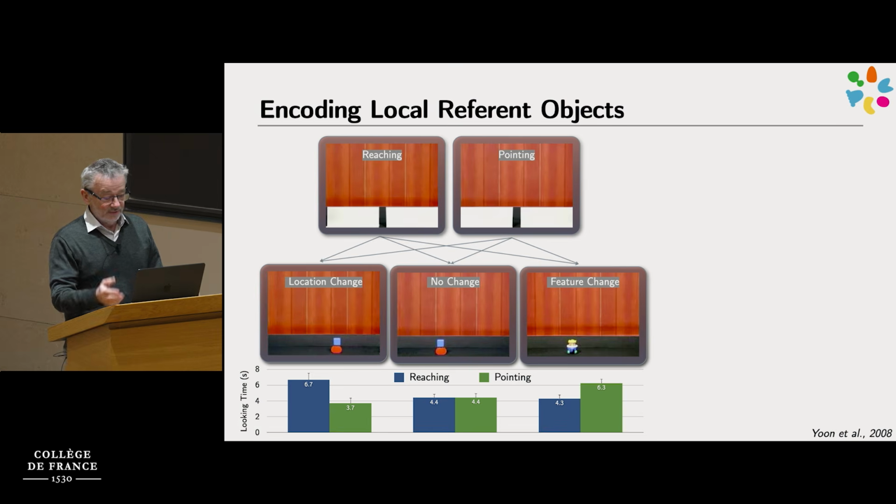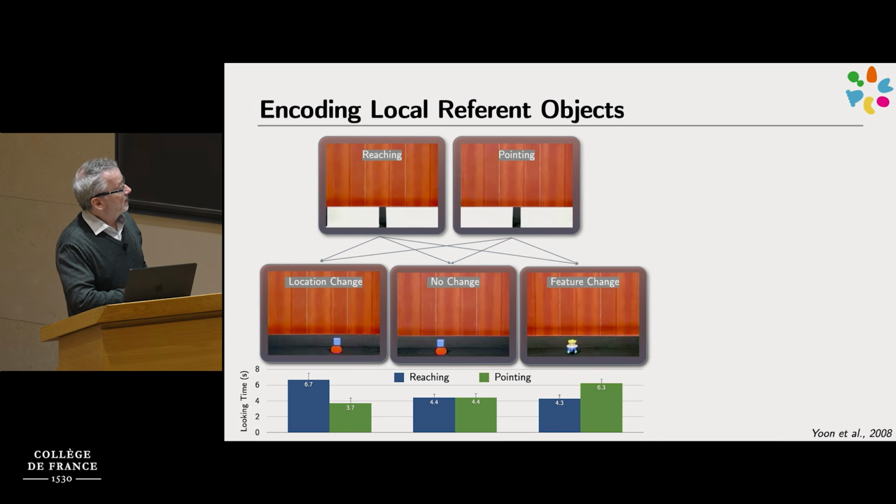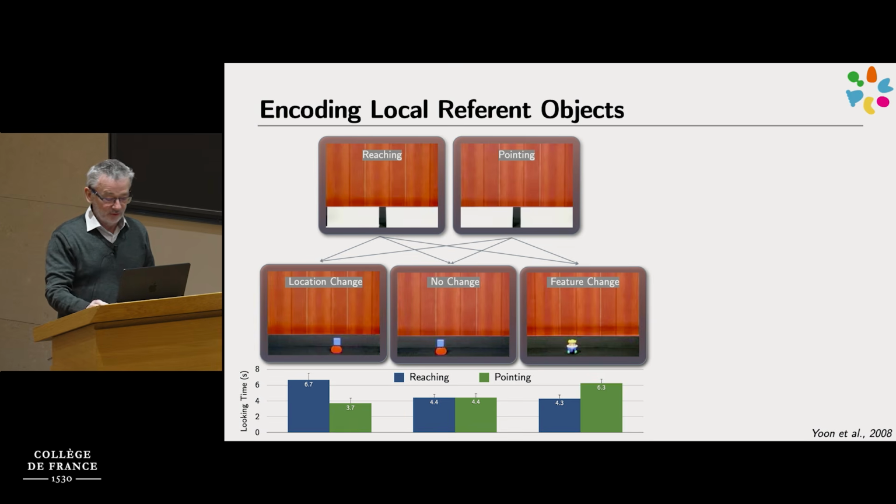And it turns out that in the reaching case, infants mainly encoded the location where the object was before, which is not surprising because that's what they expected: that the reaching will complete to a particular location to grasp an object.